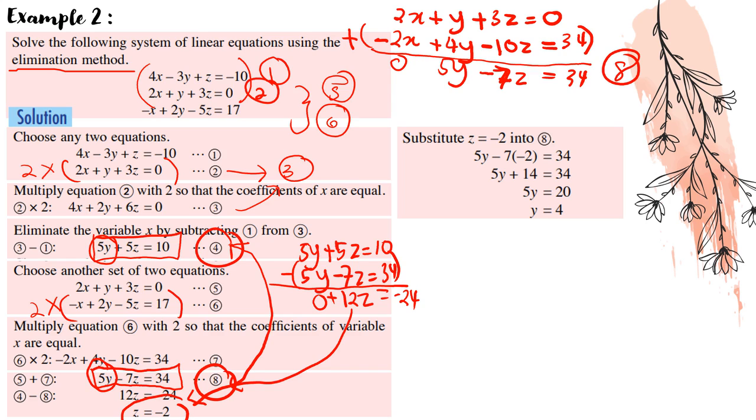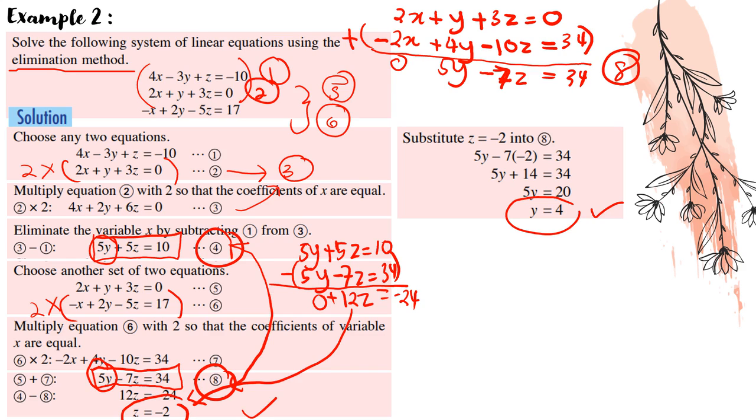Number 8 also has y and z only. So you can solve the value of y. Let's say I choose equation number 8. So 5y minus 7z, z is negative 2, becomes 5y plus 14, which is equal to 34, and then you will get y is equal to 4.